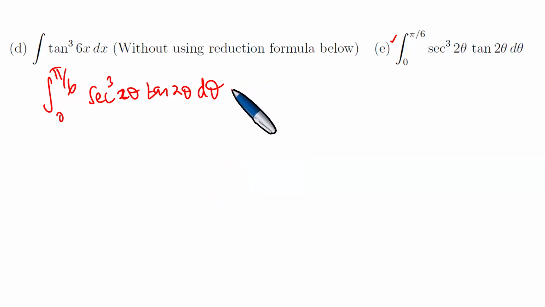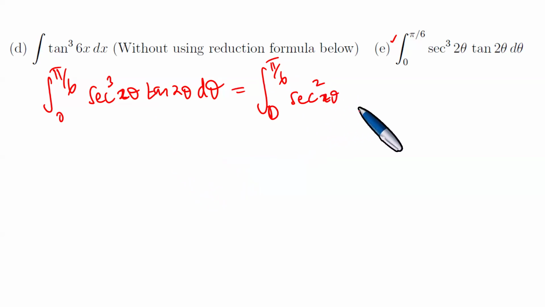The easiest way to do this is to break it down. This is just one way. So the cube can be broken down to a square and that, times the tangent of 2 theta d theta.